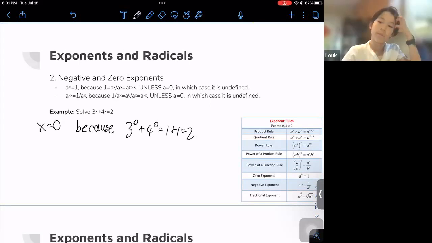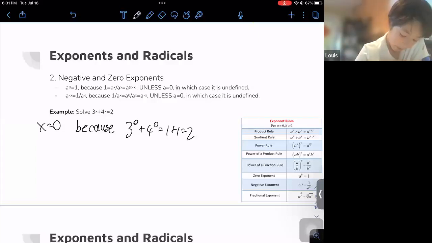Okay, but I have another solution that's more rigorous, but it might require some stuff that you guys haven't learned before.